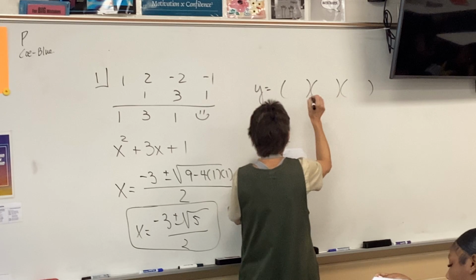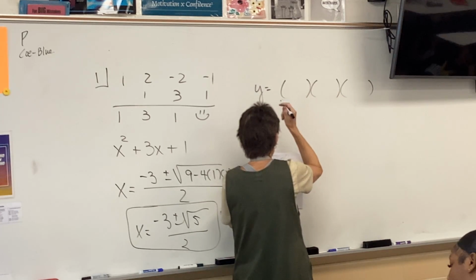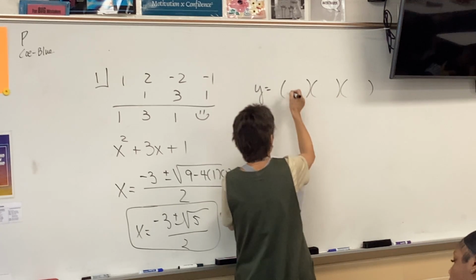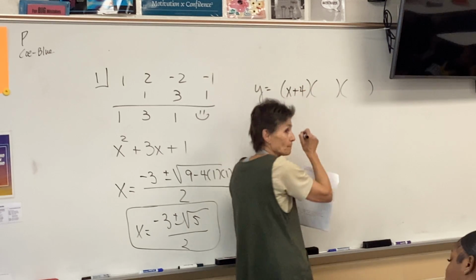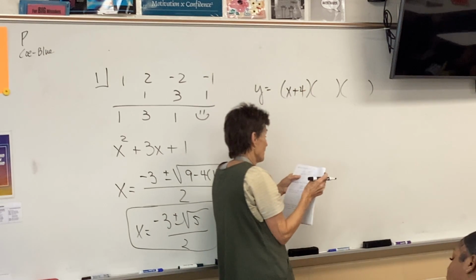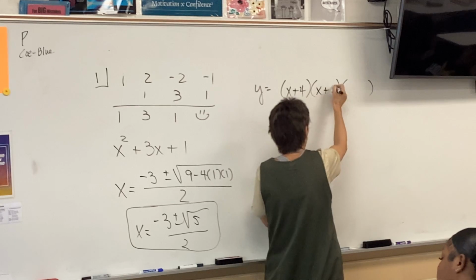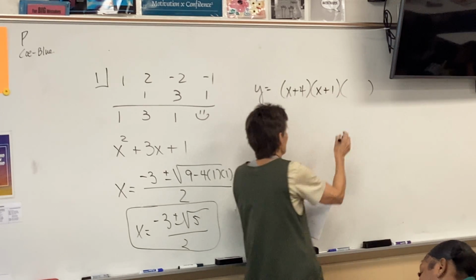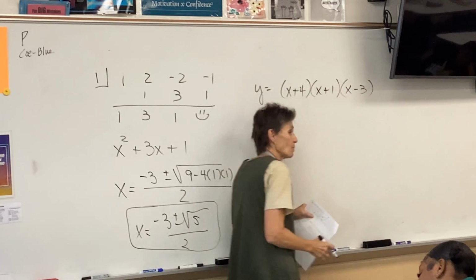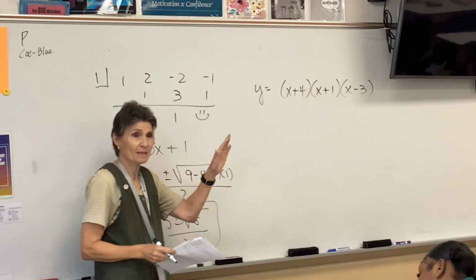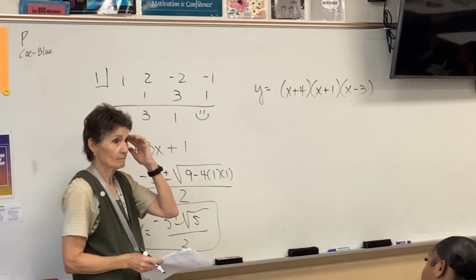And the first dot, I didn't label them, shame on me. The first one is at negative 4, so x plus 4. The next one is x plus 1. And then x minus 3. Don't just write those down. Is everybody okay with that? You got it?